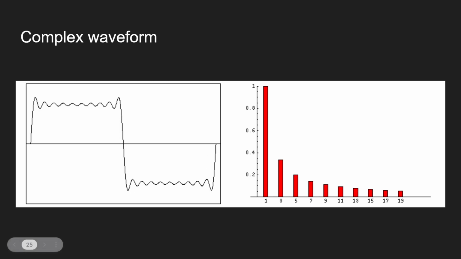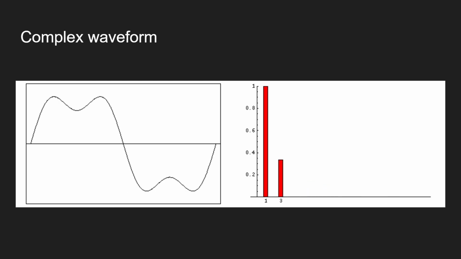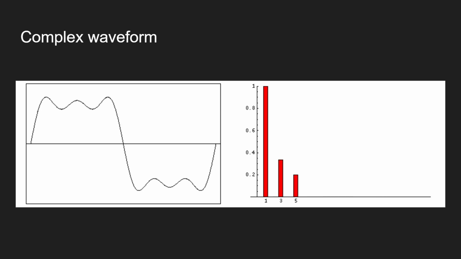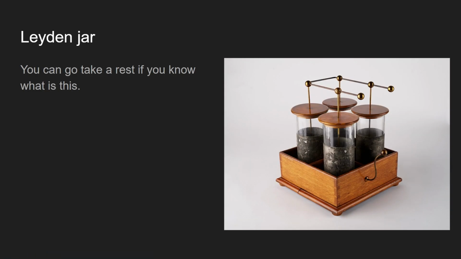You can see that it is an addition of different pure sine waves. So if you have a complex waveform, you can do a Fourier transform and convert it to the frequency domain, so you can separate all the frequencies out. But I'm not going to talk about that. You'll learn it in university.